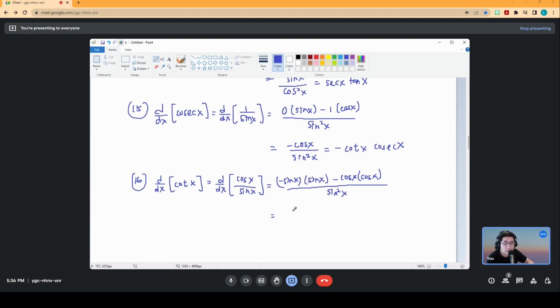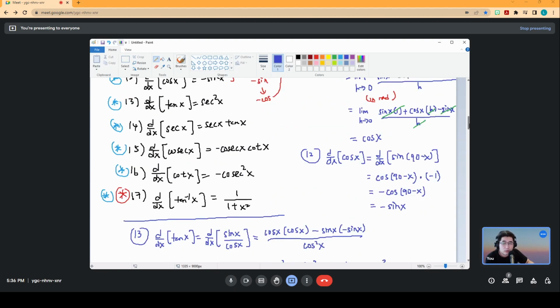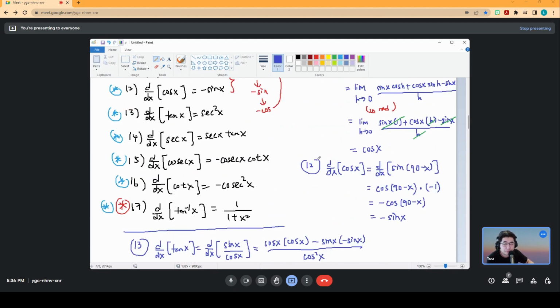Let's see what we get. I have negative of sine squared x minus cos squared x over sine squared. So the top becomes -1 over sine squared. 1 over sine is cosecant, so you have negative cosecant squared x.